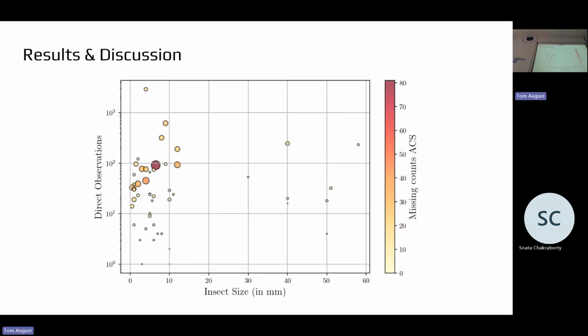You don't have the automatic detections here with the insect size. No, this is insect size here, and the detection by the observations, and the missing counts are represented like this, with the circle and the hit.